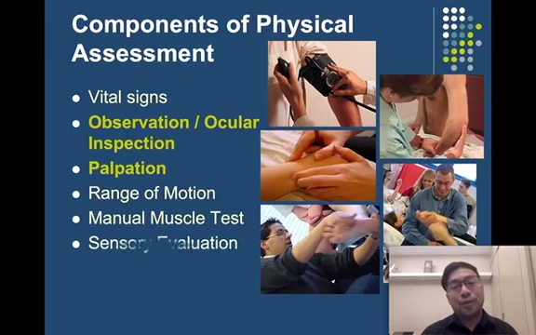Okay, so sensory evaluation. I've noted that some of you, in the different class that I had last Saturday, were unsure about the principle of how to check the dermatomes in different body site areas, particularly the knee. I think they mentioned the shoulder for other sections.